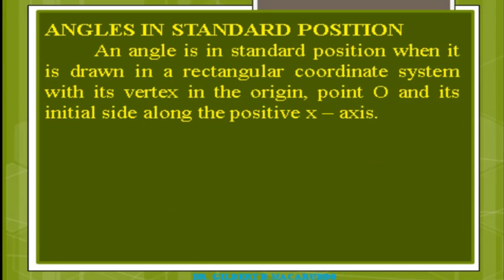Angles in standard position. An angle is in standard position when it is drawn in the rectangular coordinate system with its vertex at the origin point O and its initial side along the positive x-axis. Consider the figure below.